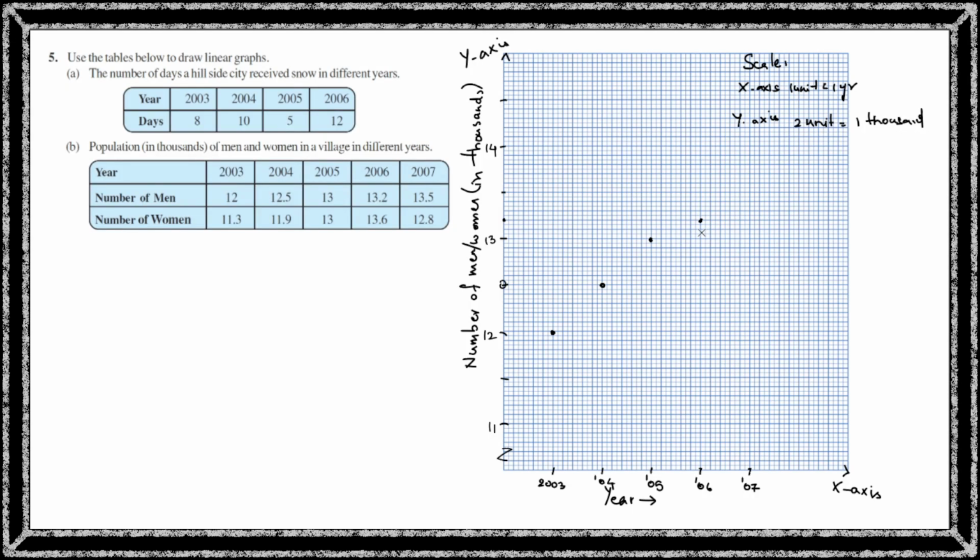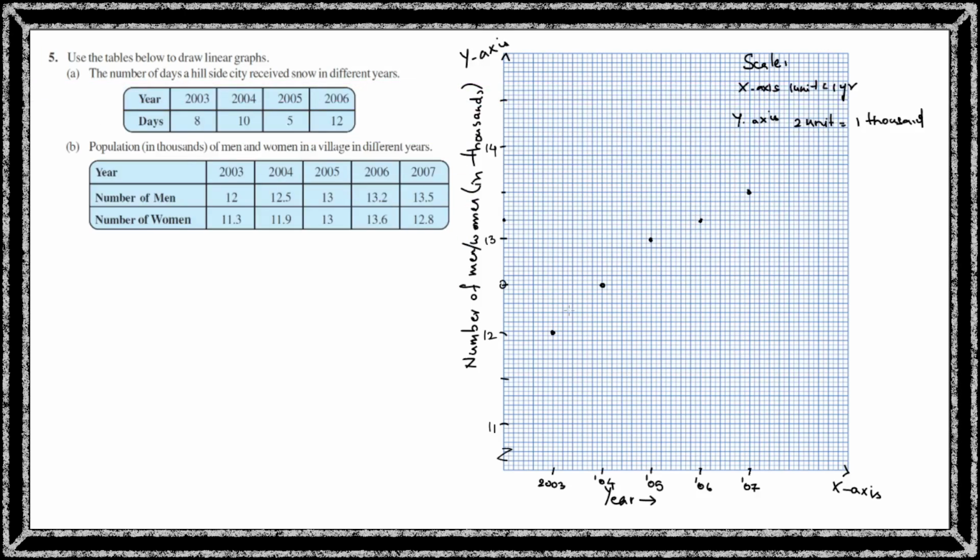Next 2007, I have 13.5, another 5 lines from here. This is 13.2, 13.3, 13.4, 13.5. So this is my point, this is 2007. Now I have to join these points in order to get my line graph.